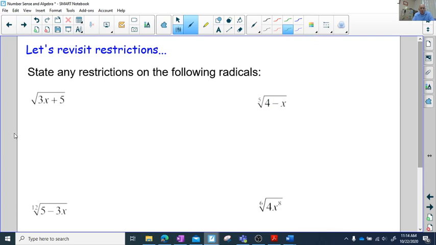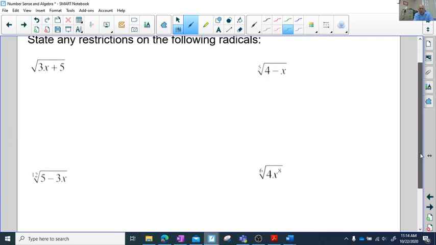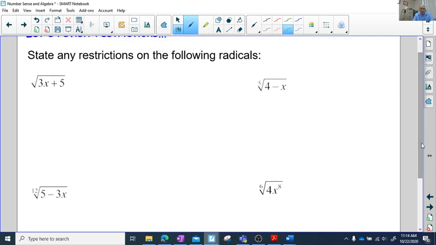Let's revisit restrictions. So if I look at each of these four radicals that I have, this first one, the square root of 3x plus 5, that's an even indexed radical. So as soon as it has an even index, there are restrictions. You say, well, what are the restrictions? Underneath the square root sign, which we refer to as the radicand, write out the radicand, must be bigger than or equal to 0.